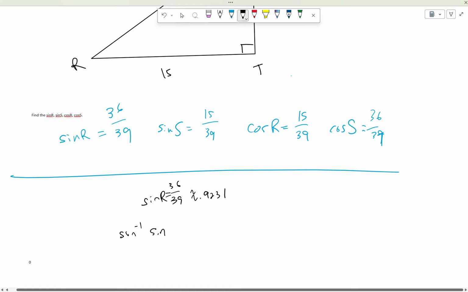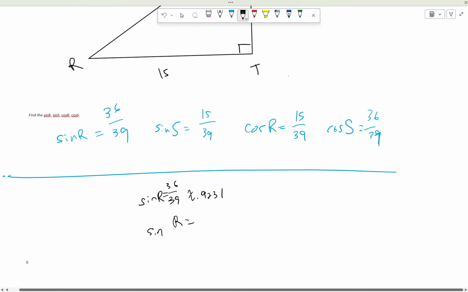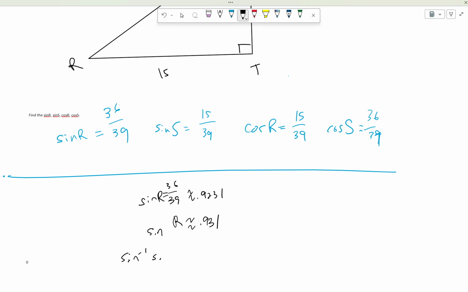So then I'm going to take the sine of r, which is about equal to 0.9231, and then I take my inverse sine of both sides to get r by itself. So I'm going to take the inverse sine of 0.9231, which I could also take of 36 over 39, right?